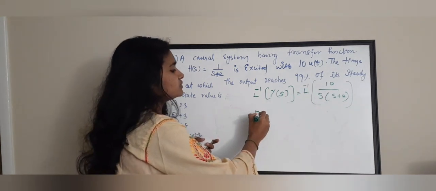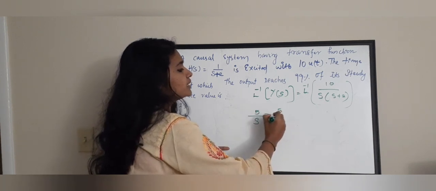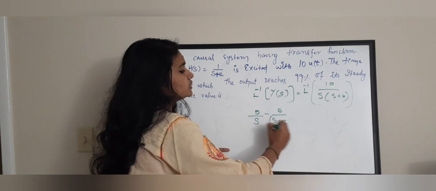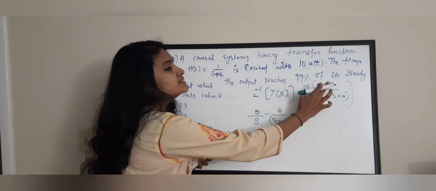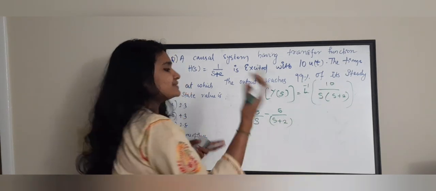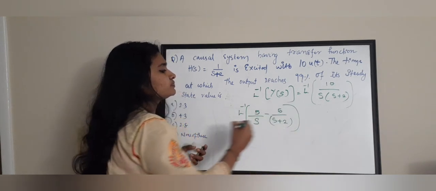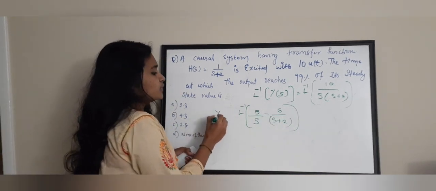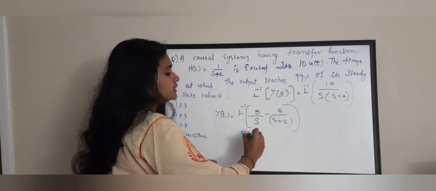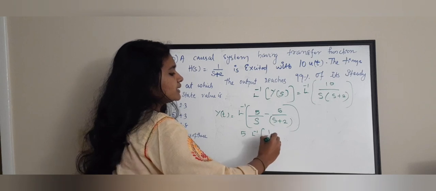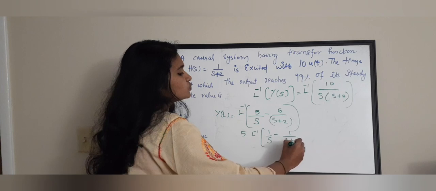If you split it, 5 by s minus 5 by s plus 2 is the same as this function, because if you solve this you will get 10 by s into s plus 2 itself. So Laplace inverse of this is your y(t). I'm taking 5 common, then L inverse of 1 by s minus 1 by s plus 2.